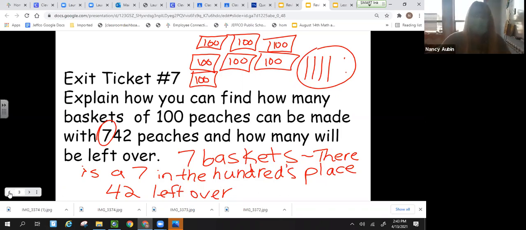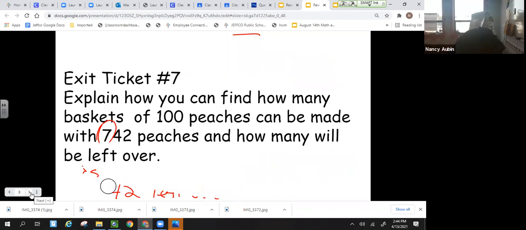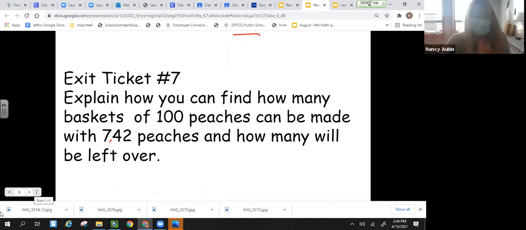Go. All right, guys. So the next thing we're going to look at is the puzzle penguin from yesterday. And the reason we're going to do this is just to help you understand your mistakes and to learn from them, right? That's what we do. So yesterday we ended our math lesson with the puzzle penguin.